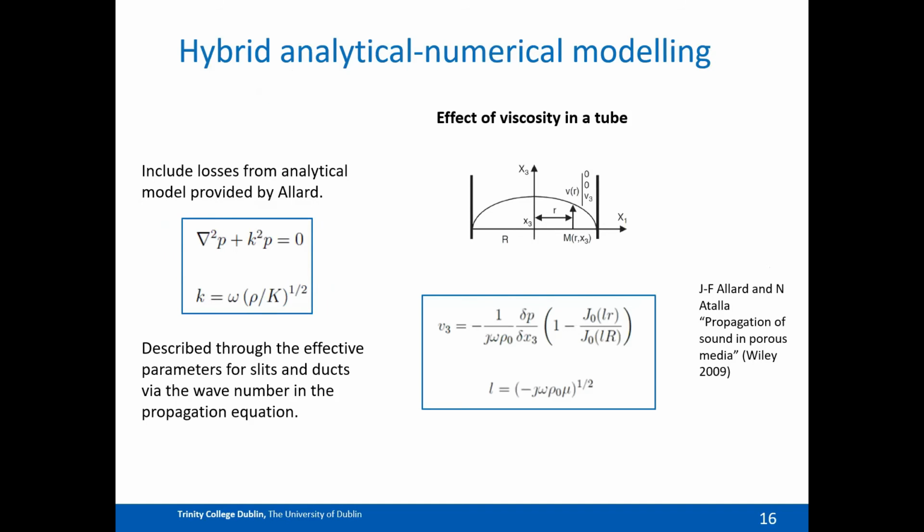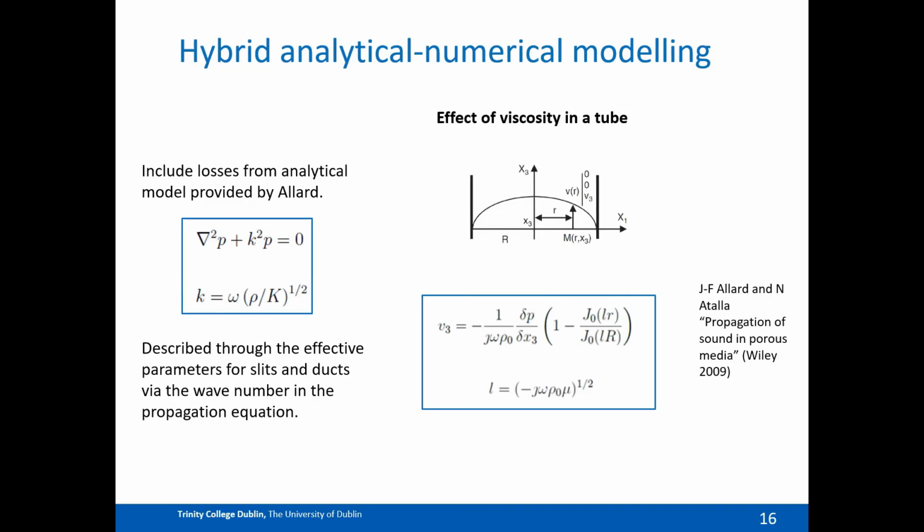And then, as an extension of that to further plates, since calculating viscous and thermal interactions in porous media is quite difficult, a description of viscous and thermal effects was provided first by Kirchhoff and then extended by Zwikker and Kosten and Stinson.